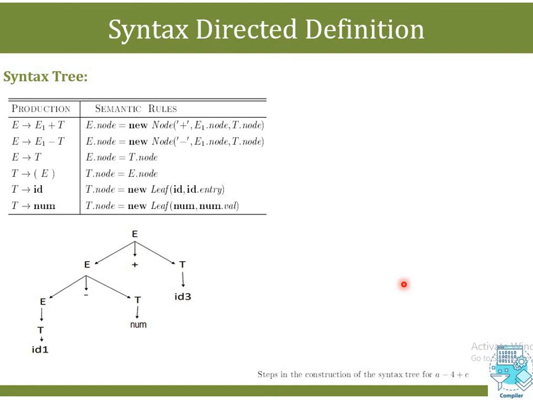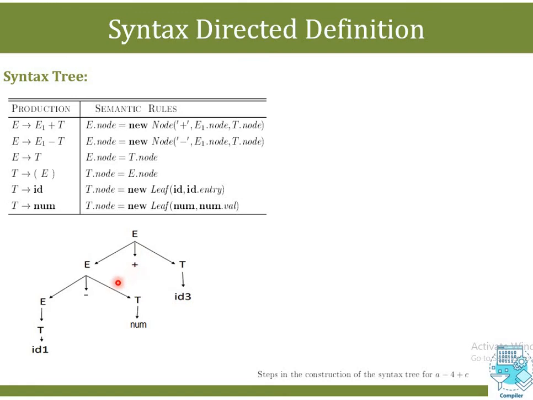Assume that we have an input string a minus 4 plus c. For that, first we shall construct the parse tree. The parse tree will be like this. By using this grammar only, we have constructed the parse tree.